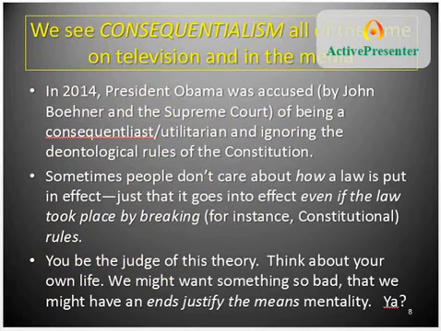Alright, so we see consequentialism all the time on television and in the media. And this last year is very interesting. So many people, the Supreme Court and the Republican Party, accused President Obama of overstepping his constitutional authority. Our constitutional government is a deontological system.